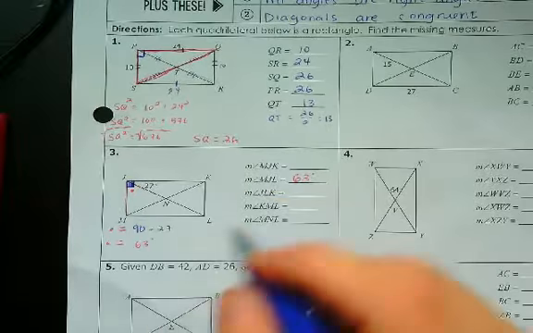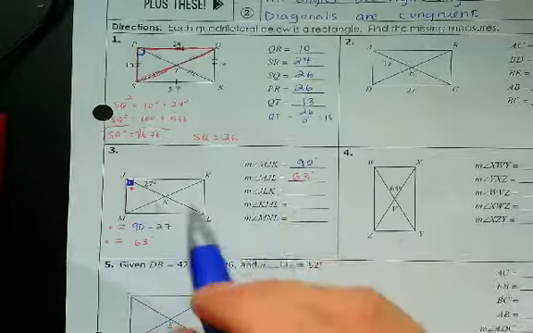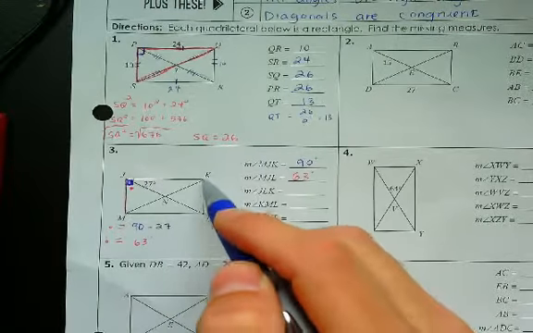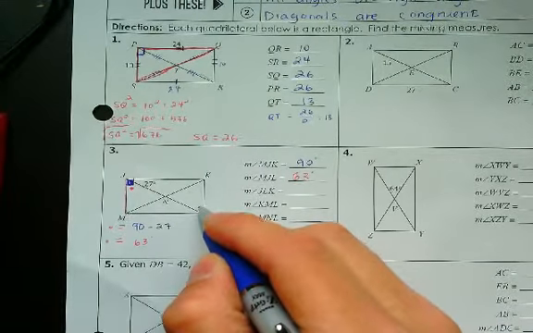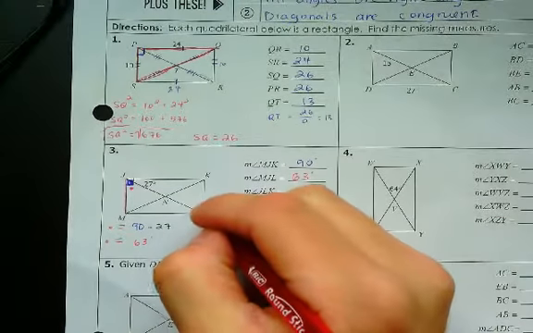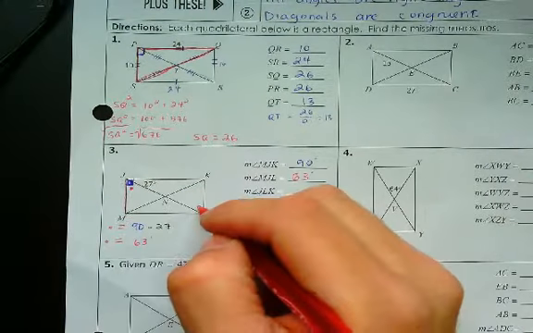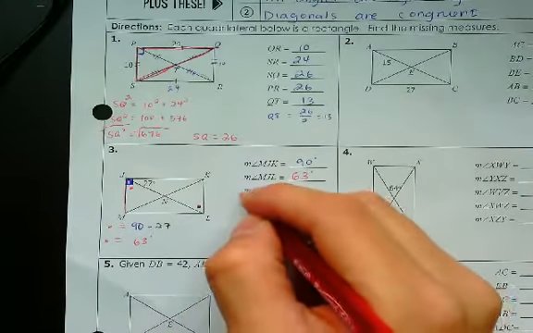MJK. Okay, that was actually the first thing that we did. 90 degrees. JLK. Start at J, go to L, go to K. So we're looking at this blue one. I'm going to actually change the blue to the red because those are the exact same angles. How are they the exact same angles? These are alternate interior.